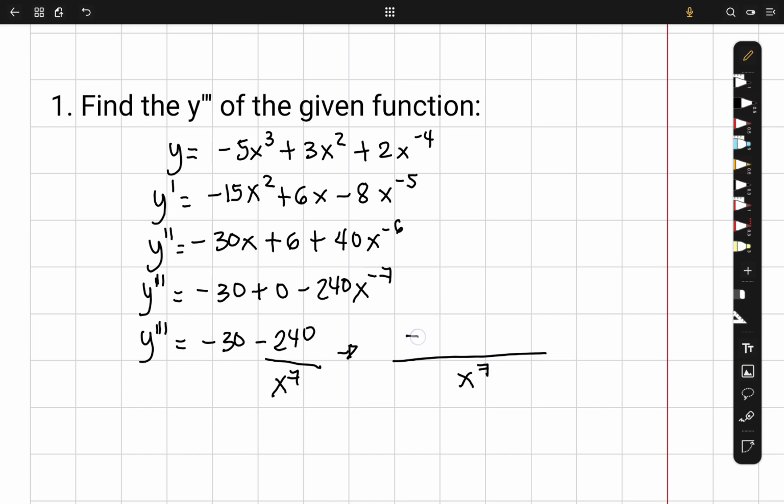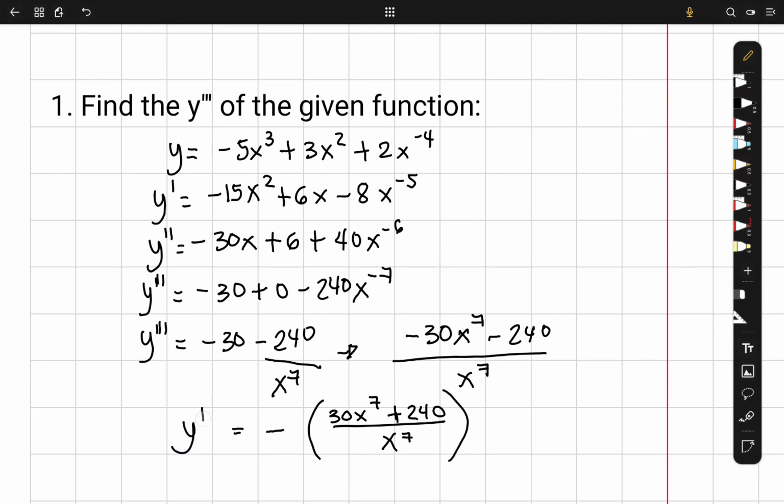Then we have negative 30x^7 minus 240. Then pwede pa nga natin ilabas yung ating negative dyan. So negative parenthesis 30x^7 plus na to, syempre dahil naglabas tayo ng negative, 240 all over x to the 7th power. So ito yung ating y triple prime. And this is our final answer.